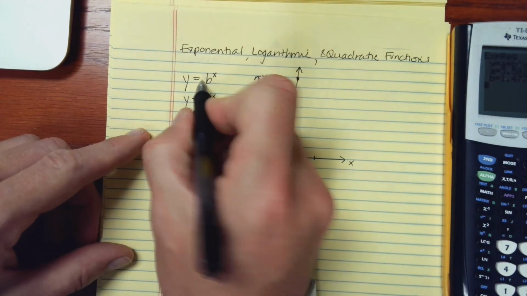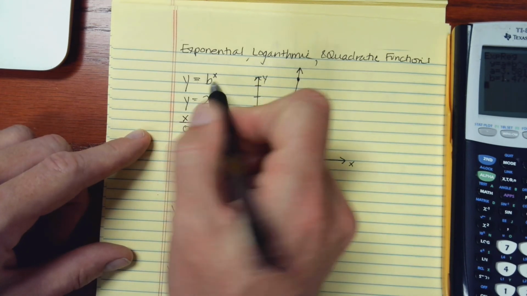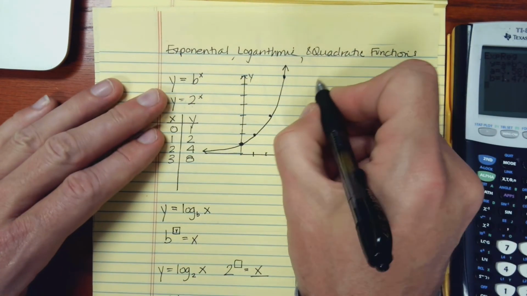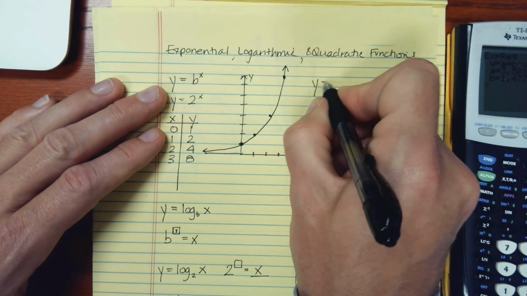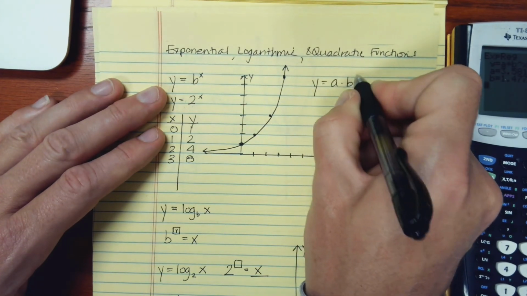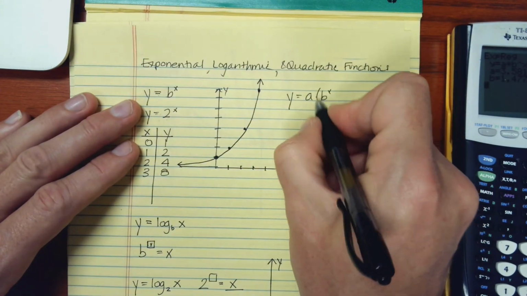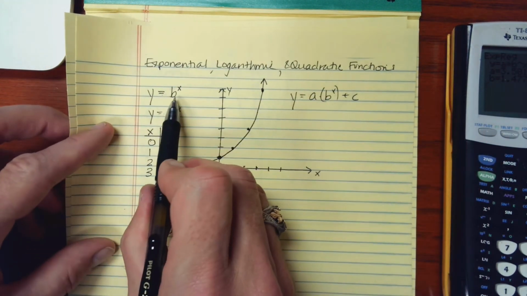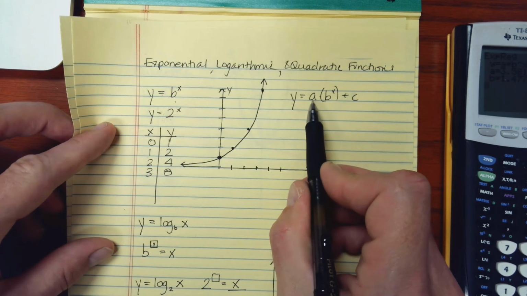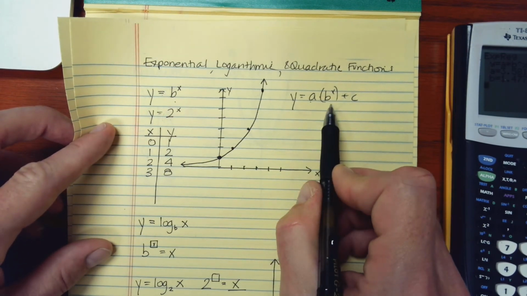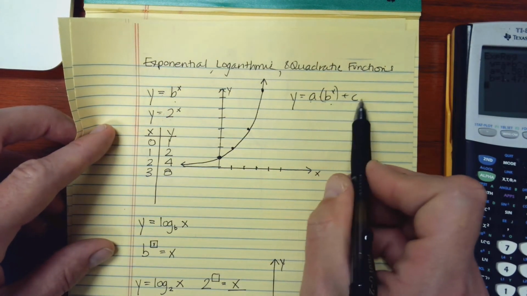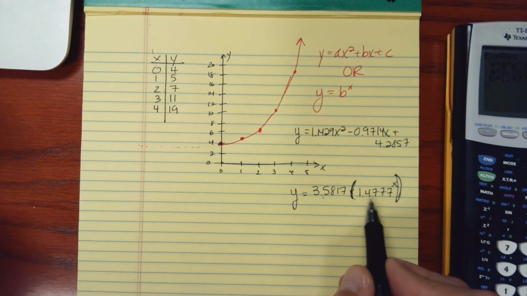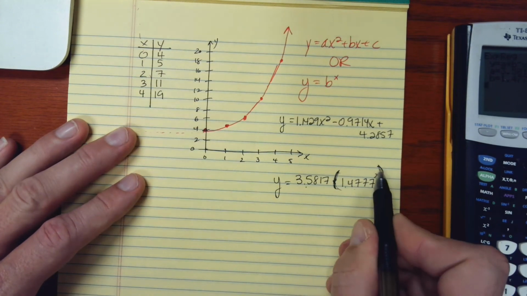Now you can have another multiple here, and you could even add on a value. So some other options, this could be a times b to the x, and then you could even have plus some constant amount. This was just the simplest form, but it is possible to have a multiple of the exponential and add on a constant at the end. So in this case, I have the multiple of this exponential expression.